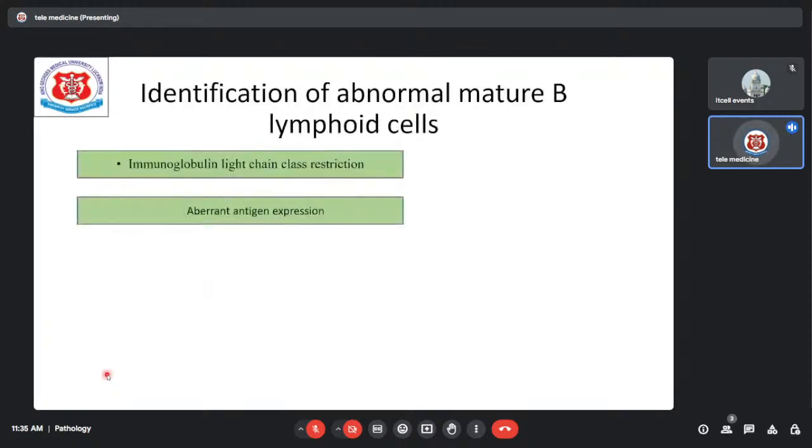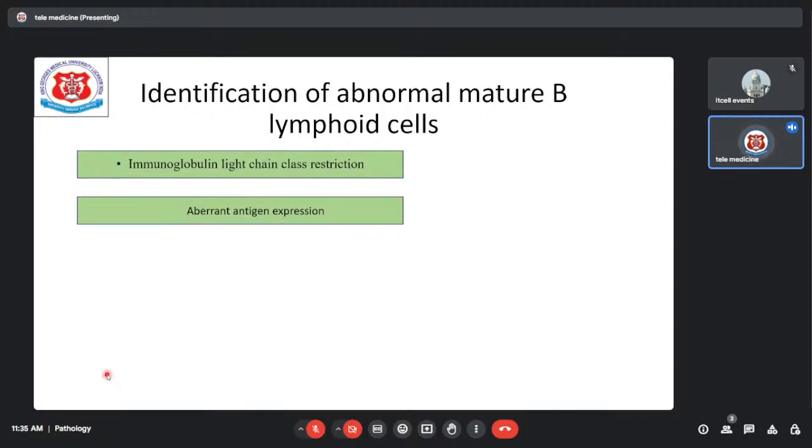Now, how do you identify whether the B cells are normal or abnormal? That can be done with the help of immunoglobulin light chain class restriction or the presence of antigens which are usually not expressed by that lineage.